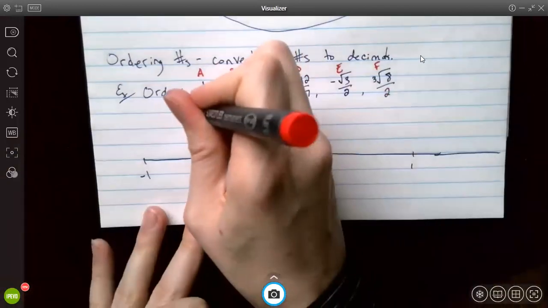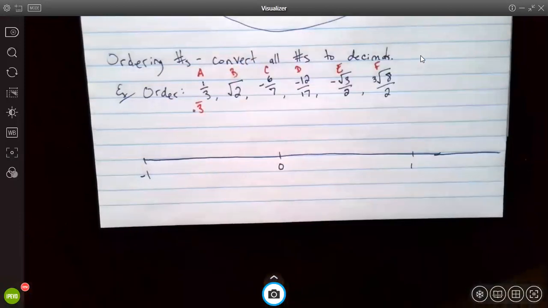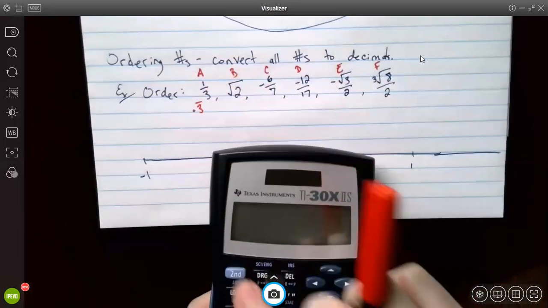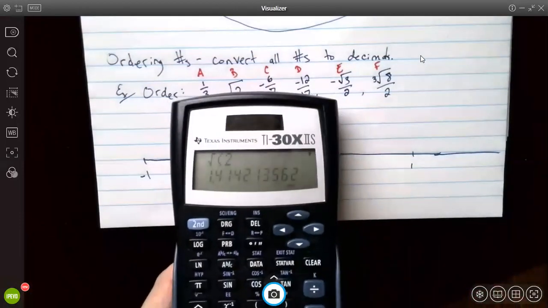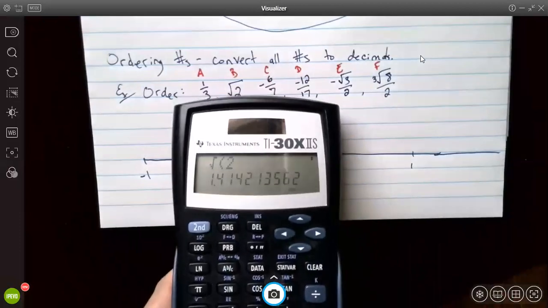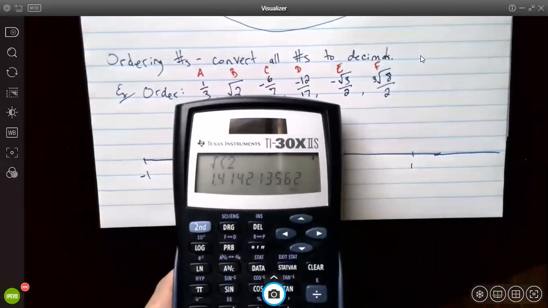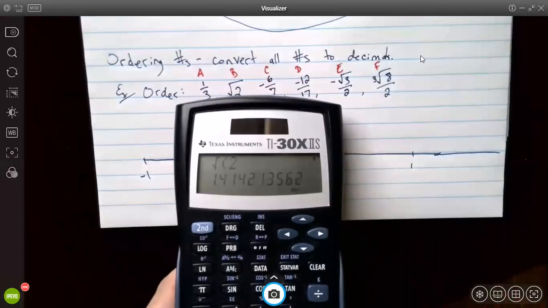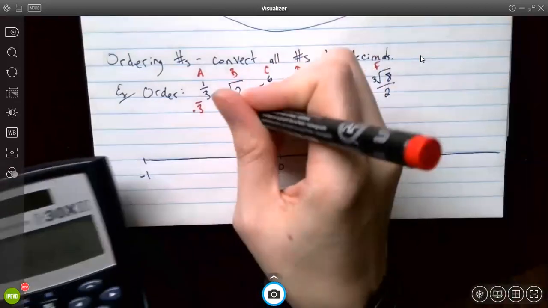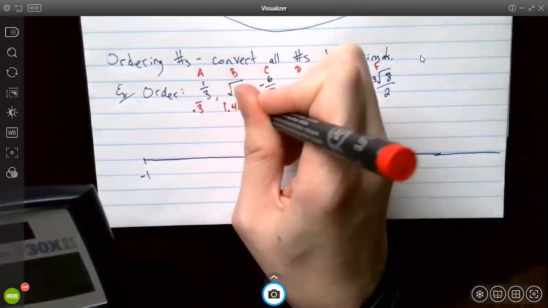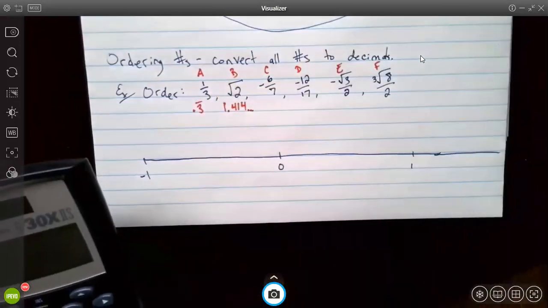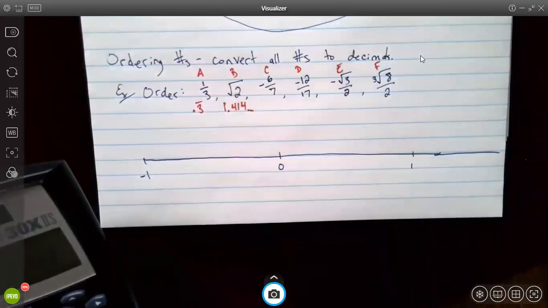And then I'll do the square root of 2, which is 1.41421356. I don't need to write all of that out. I'm just going to write 1.414, and then I'll leave some little dots there so I know that it kept going even though it didn't repeat.